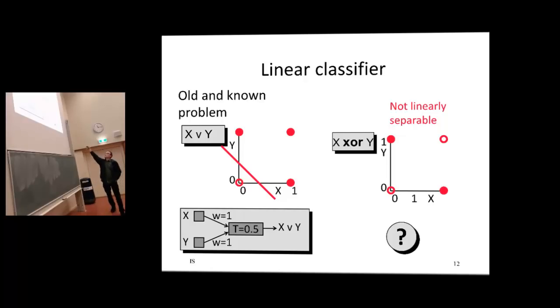So if y is true, then the formula is true. If x is true but not y, then the formula is true. And in the two other cases, it's not. And no matter how you try your best to draw a line through those in the space, you will never be able to find a line that distinguishes between the red and the circles.